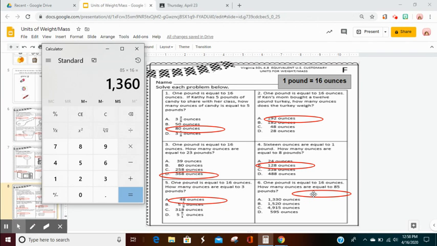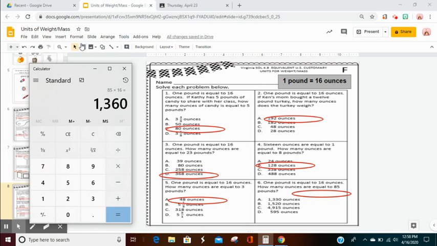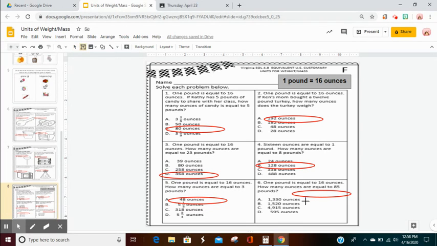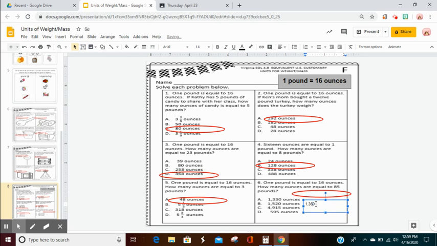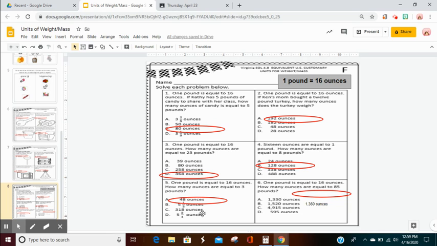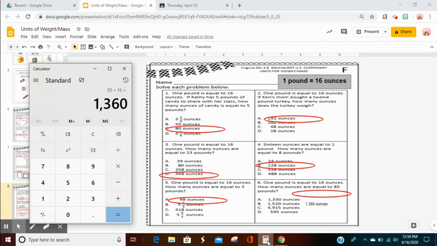So we are going to just insert a text box on this one. 1,360 ounces. Yep, that's good. That happens sometimes.